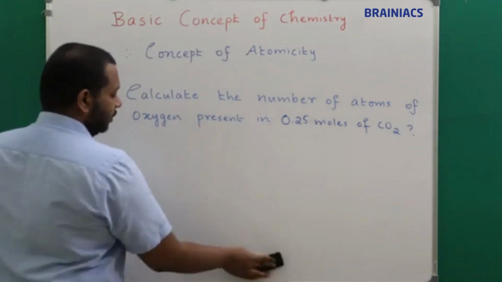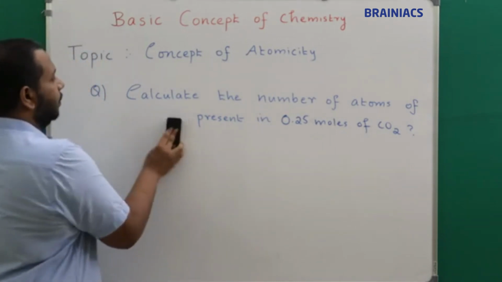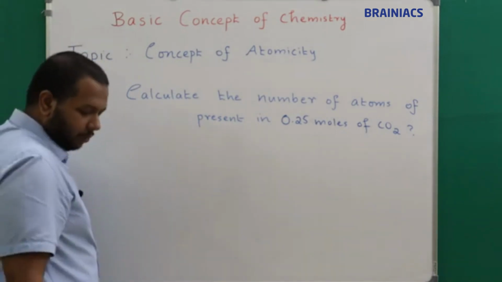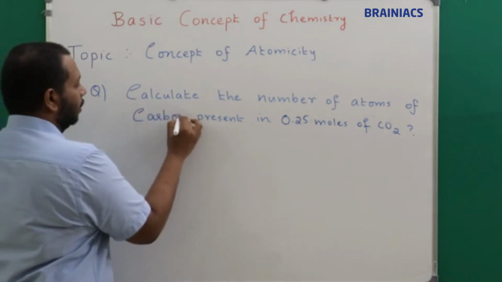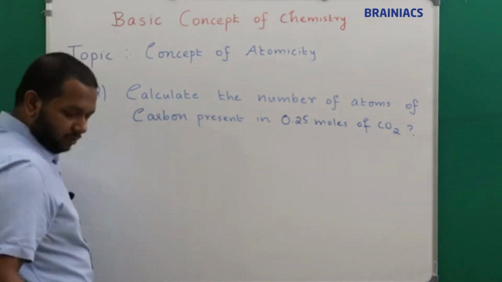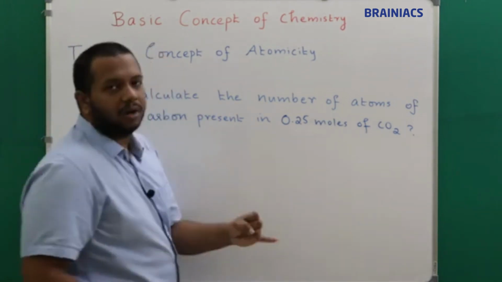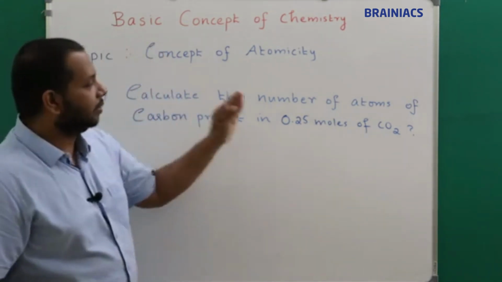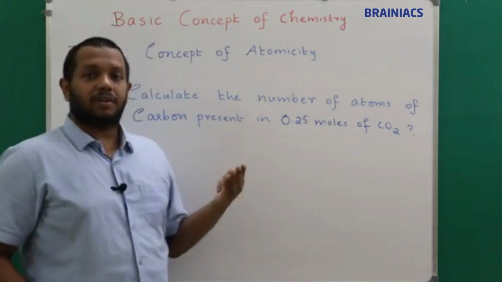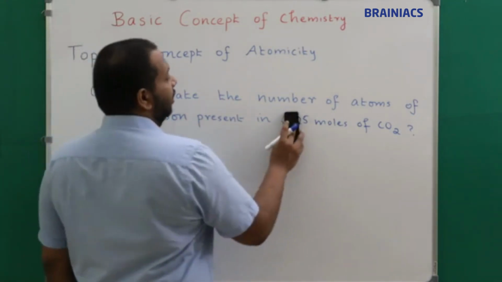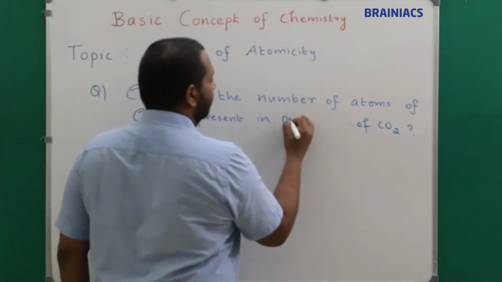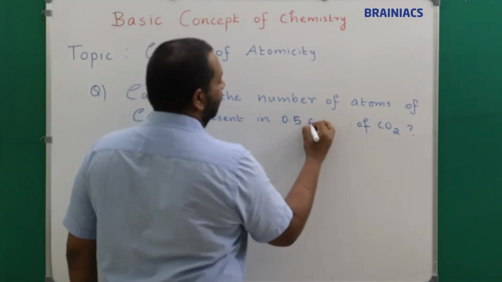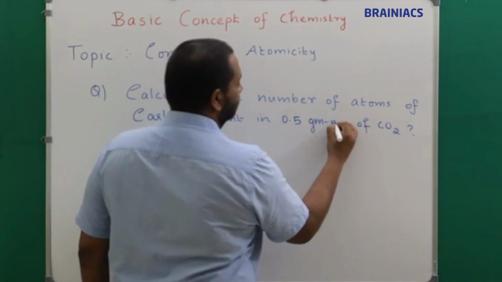Okay, so the next question. Listen. Calculate the number of atoms of carbon present in, and now I have given you mass, number of molecules, and number of moles. What is the next thing? I can say 0.5 gram molecule.